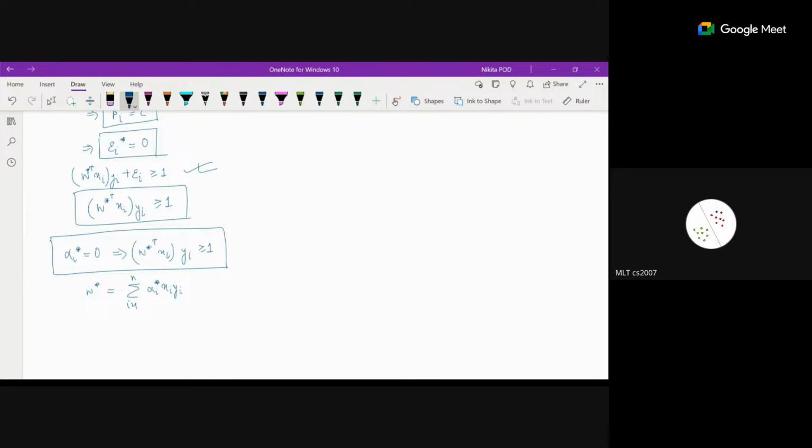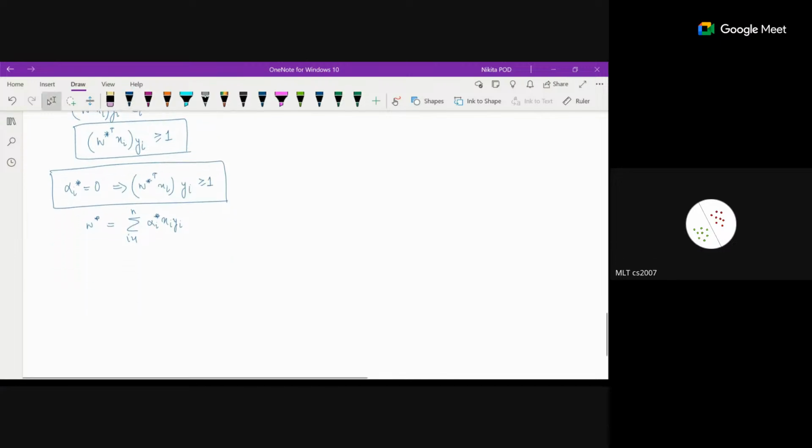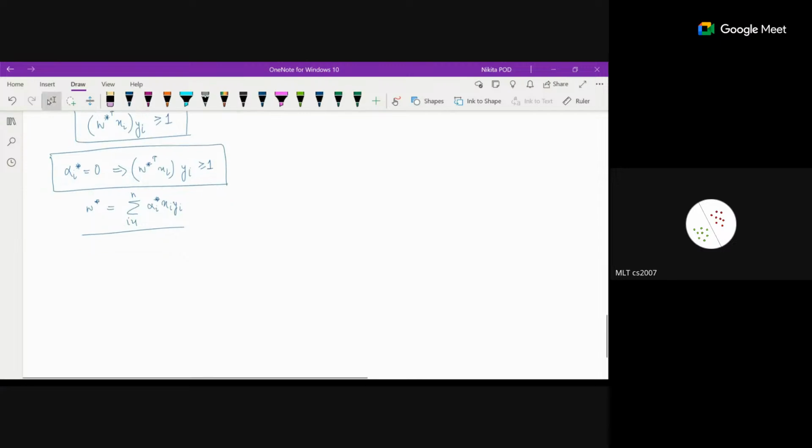The points for which alpha I star is equal to 0 are not contributing anything towards my W star. But now the question is, where do these points lie? These points will lie outside this hyperplane.